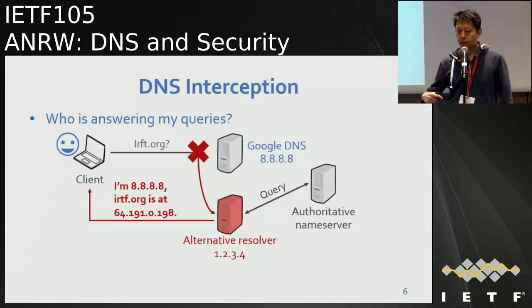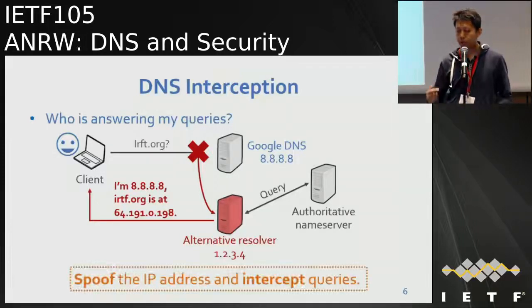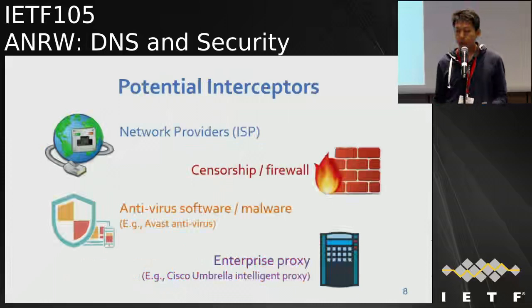It turns out this kind of request tampering is really hard to detect because the alternative resolver can basically spoof the IP address. It can pretend to be Google, and if you are a client looking at the source IP address of these packets, it's really hard to discern those cases. We found that there are four types of potential interceptors doing this. Network provider, the ISP, is only one of them. Censorship firewalls are also doing that, and there have already been some reports talking about that.